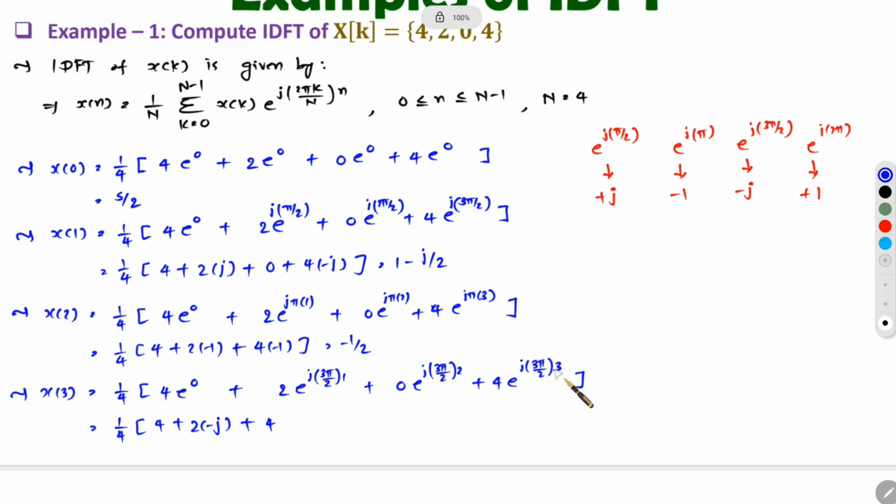Means it will be plus j. So one can say this is plus j. And here you can observe this is 4 minus j2 plus j4, means it will be 4 plus j2 divided by 4, means it will be 1 plus j by 2. Right. So by understanding this sequence of e to the power terms, you can directly solve this inverse DFT.